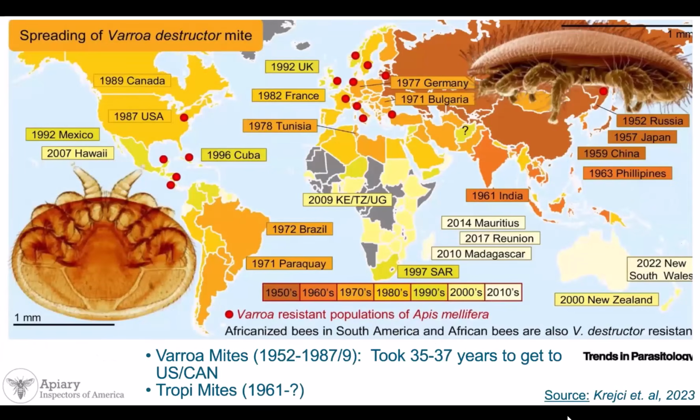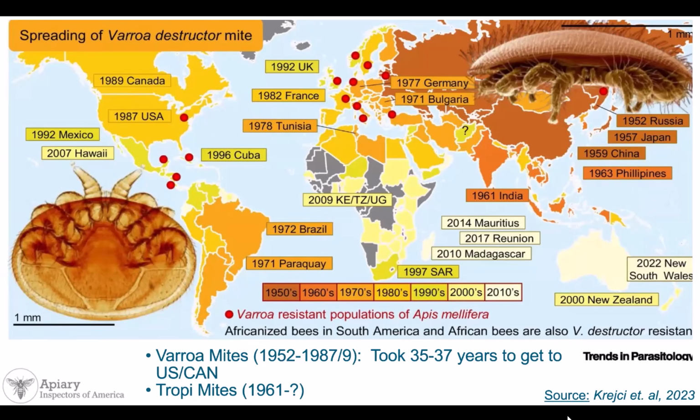As you can see how Varroa spread, it took about 35 to 37 years to get to the US. And Tropilaelaps mites got into Apis mellifera in Asia about in the 60s. So if it took 35 years, it would have been in here in the 90s, but it hasn't gotten there.